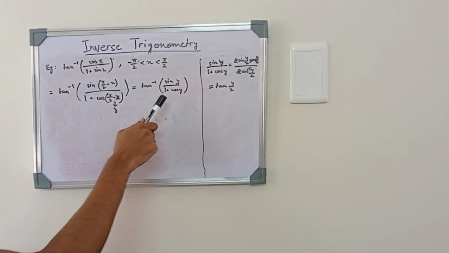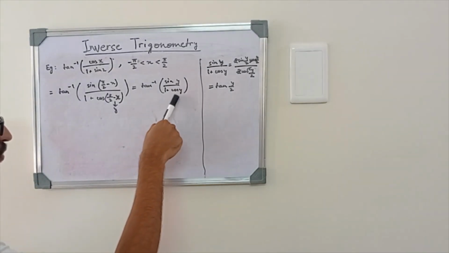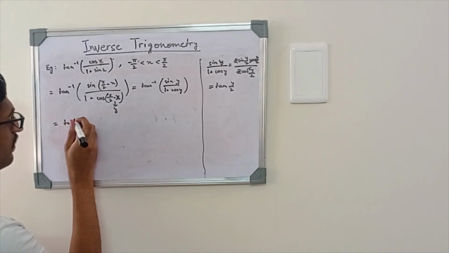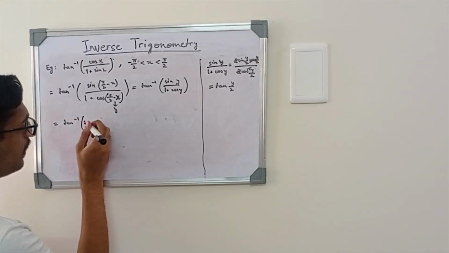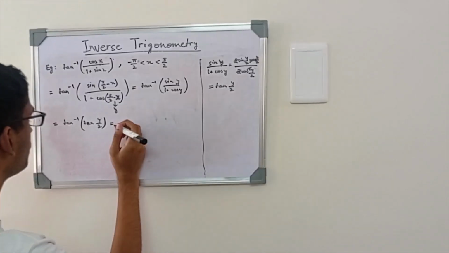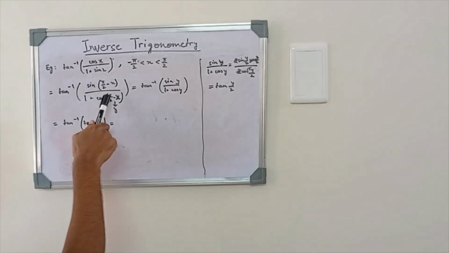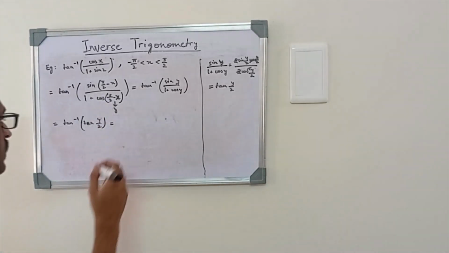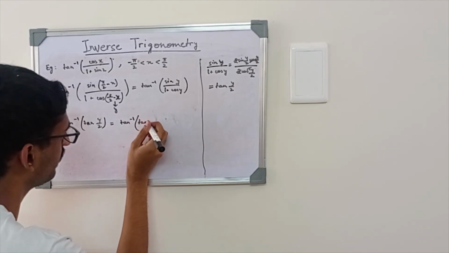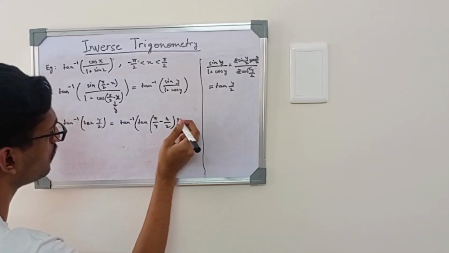Now if you follow this simplification over here, then we'll end up getting tan of y by 2 in this bracket. So we'll get tan inverse of tan y by 2. Since y is pi by 2 minus x, y by 2 is pi by 4 minus x by 2. So that will be tan inverse of tan of pi by 4 minus x by 2.